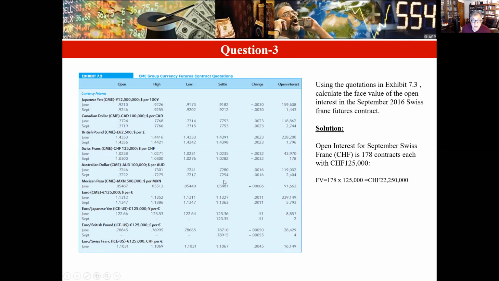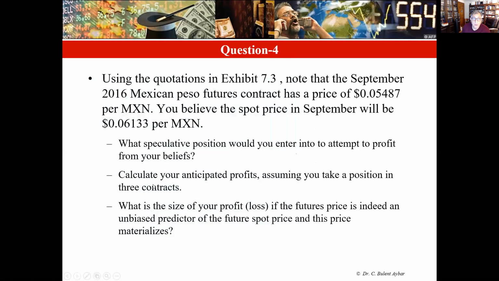The settlement price for the contract is 0.5481. So dollar 0.5481 is the settlement price of the contract. That suggests that the futures contract is predicting a price of 0.5481.